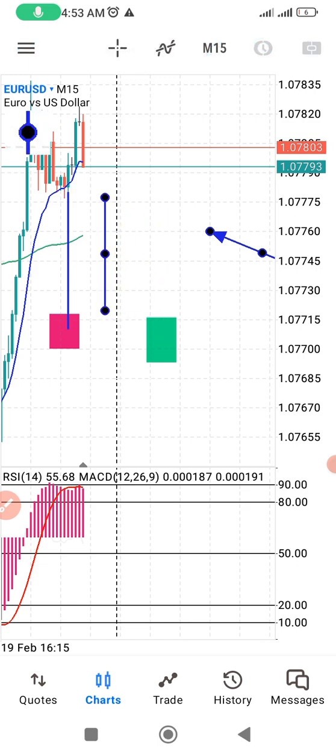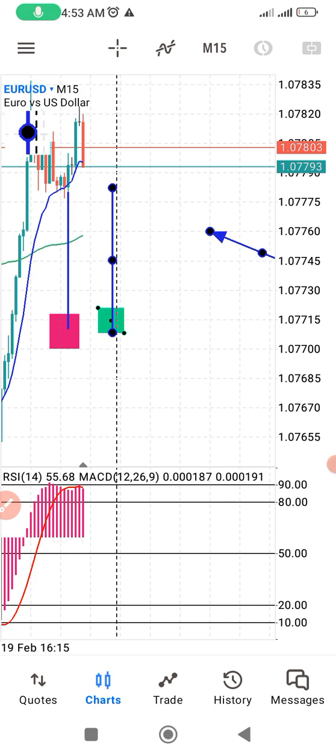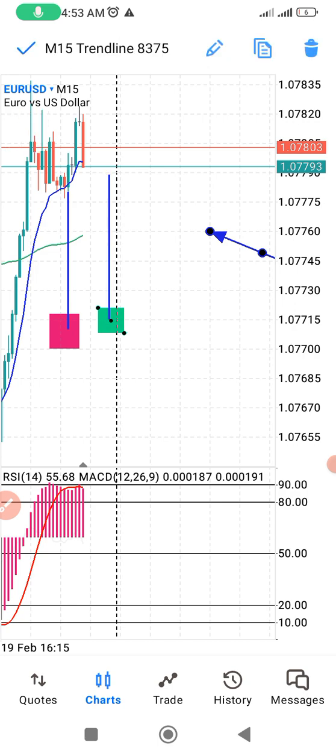Engulfing candlestick patterns are candles with a big body.